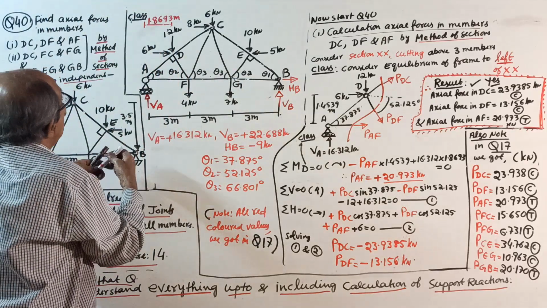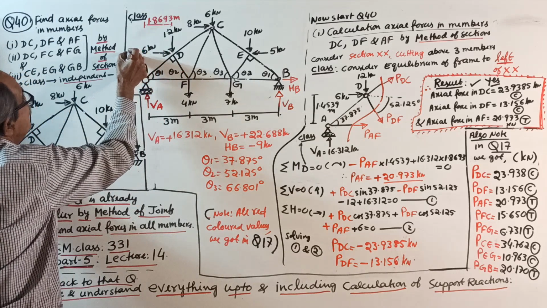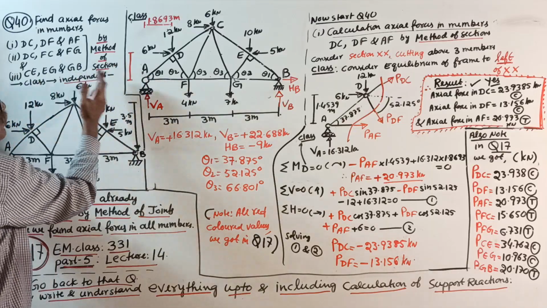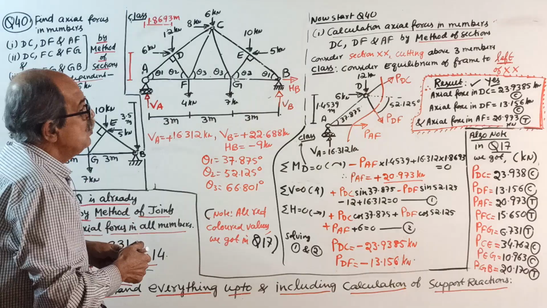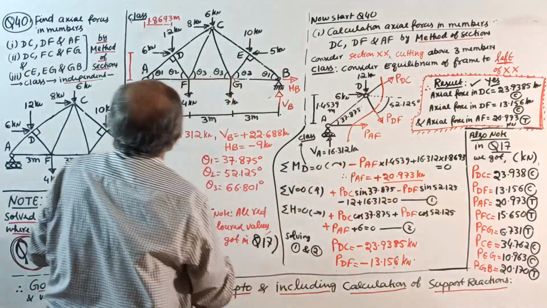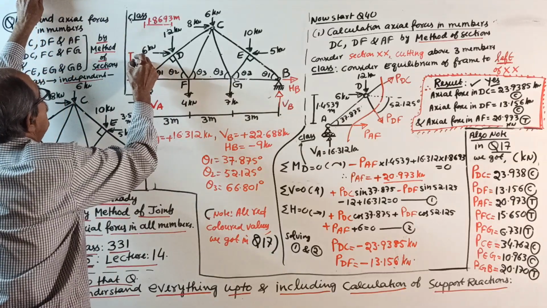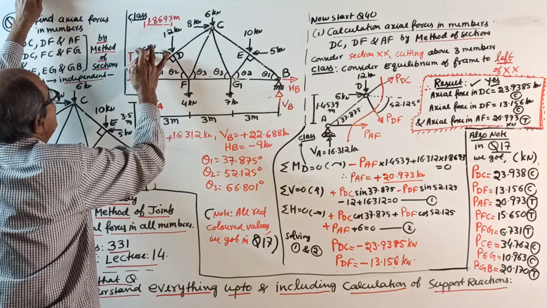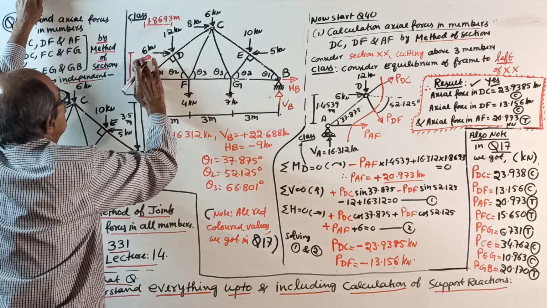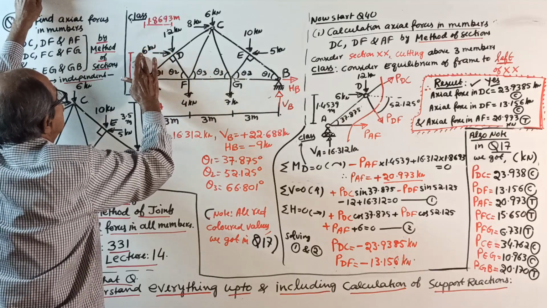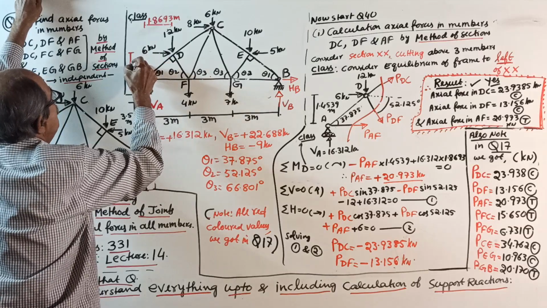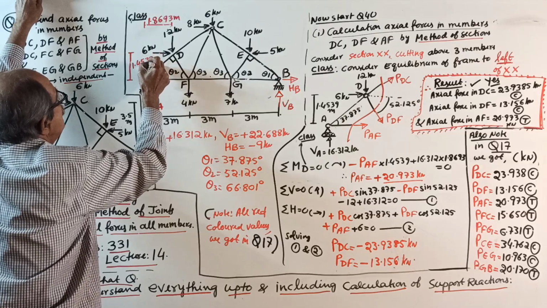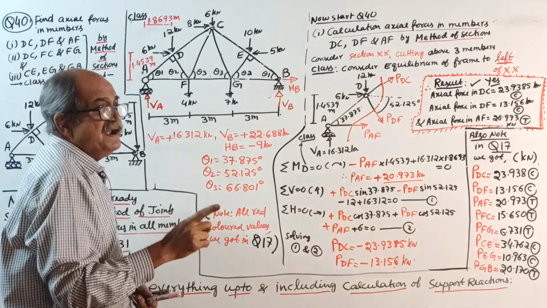That height I slightly moved out of the camera because of the space problem, so I write it here: 1.4539 meter. If not visible, I am dictating: this height is 1.4539 meter.